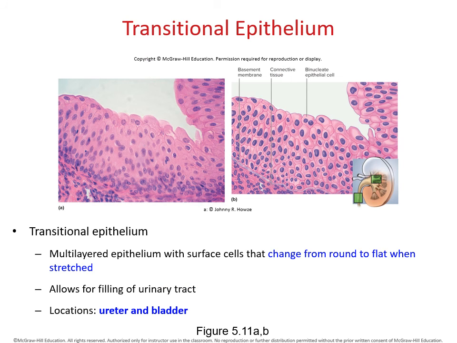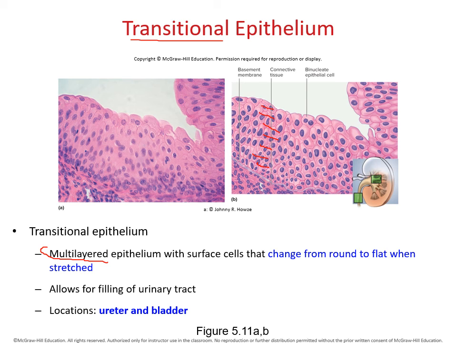Now, our last epithelium is also one that doesn't really follow the rules of simple or stratified. This one is going to be called transitional epithelium. Now, transitional epithelium is going to indicate that we're looking at a multi-layer of cells. So here in my illustration, you can see lots and lots of layers of cells that are stuck together.